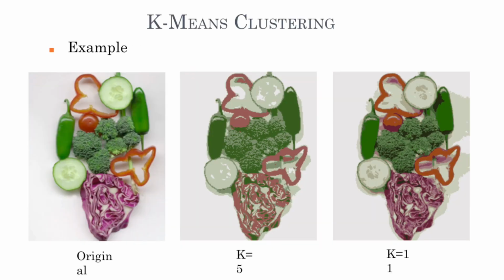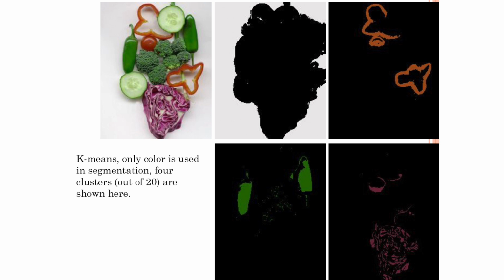Here again we can see the original image, then k equals 5, meaning 5 clusters, and k equals 11, where 11 clusters are used to convert this image into similar types of pixels. These images produce different types of pixel values that approach other clusters, and we can find how one object is different from another object.